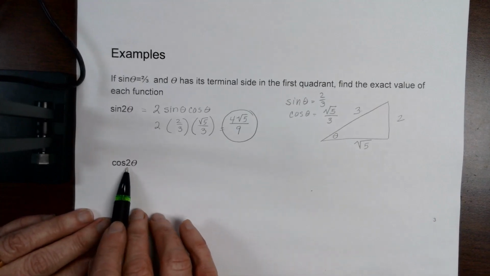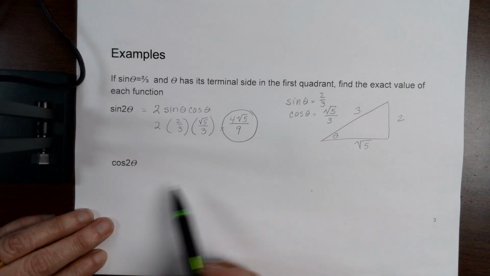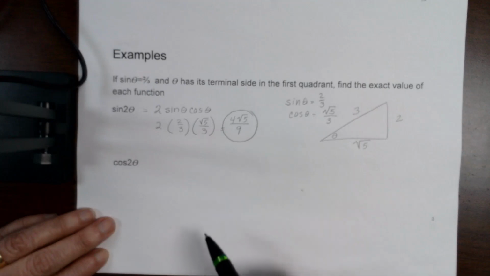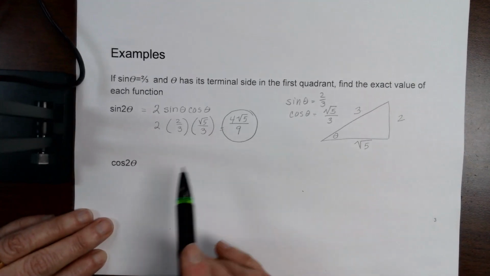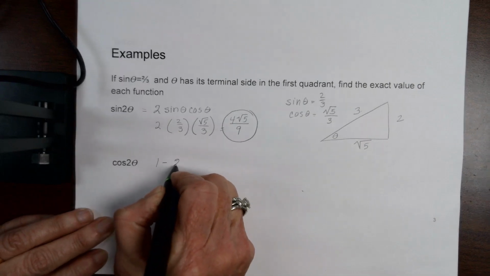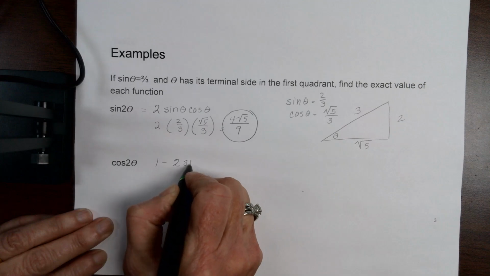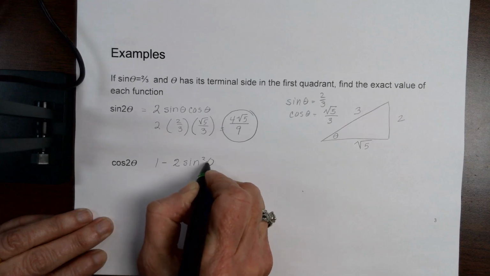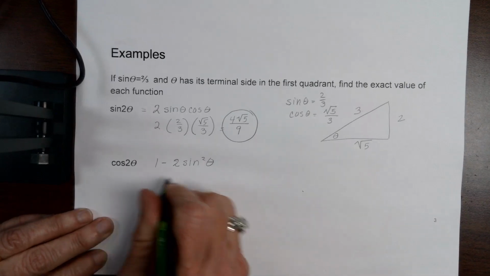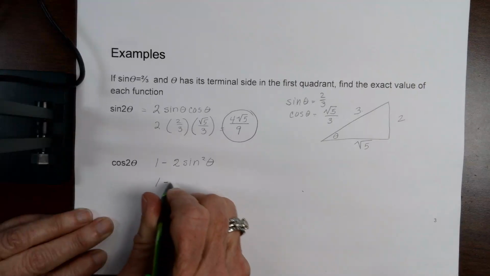Then you're going to do the same thing with the cosine of 2 theta. Now, you've got the sines and you've got the cosines already, so you could use any of those identities. You know that there's several. I'm going to choose the one that just has the sine in it. So 1 minus 2 times the sine squared of theta is one of your double angle identities. So I put in here 1 minus 2.